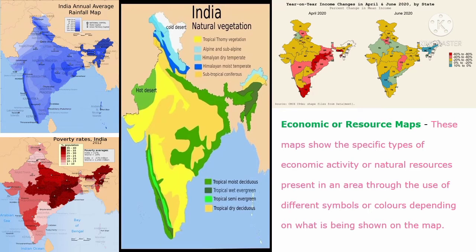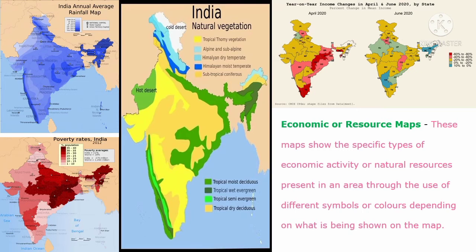Here we can see the natural vegetation with different colors. The tropical thorny vegetation, alpine and subalpine vegetation, Himalayan dry temperate, Himalayan moist temperate, and subtropical coniferous forest, and even the tropical moist deciduous, tropical wet evergreen, tropical semi-evergreen, and tropical dry deciduous types of vegetation.